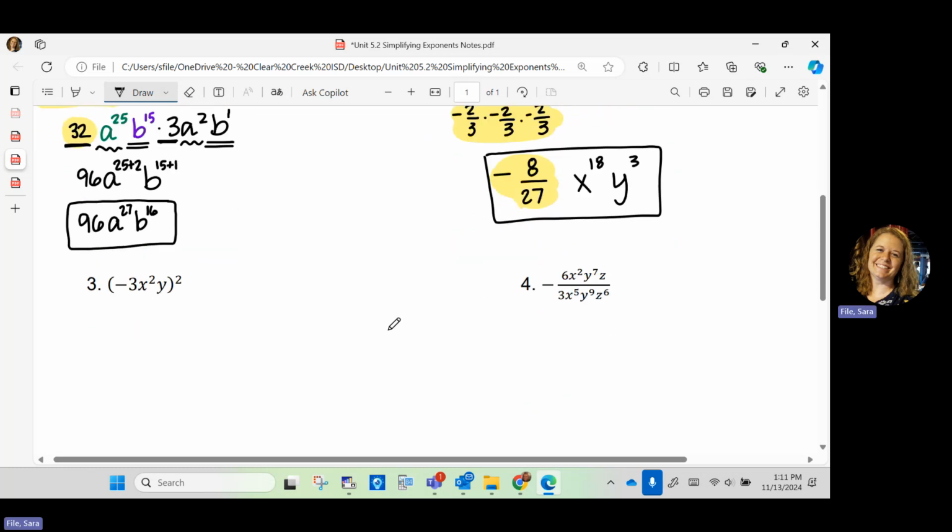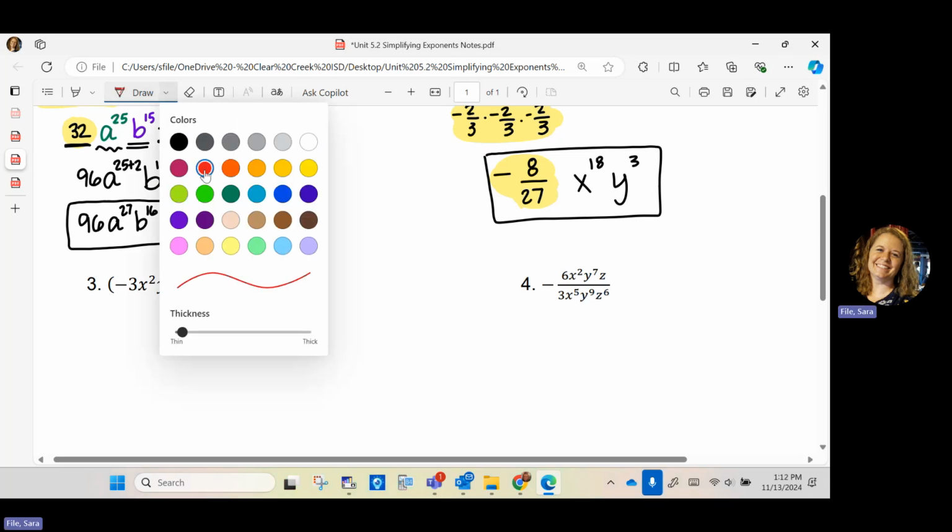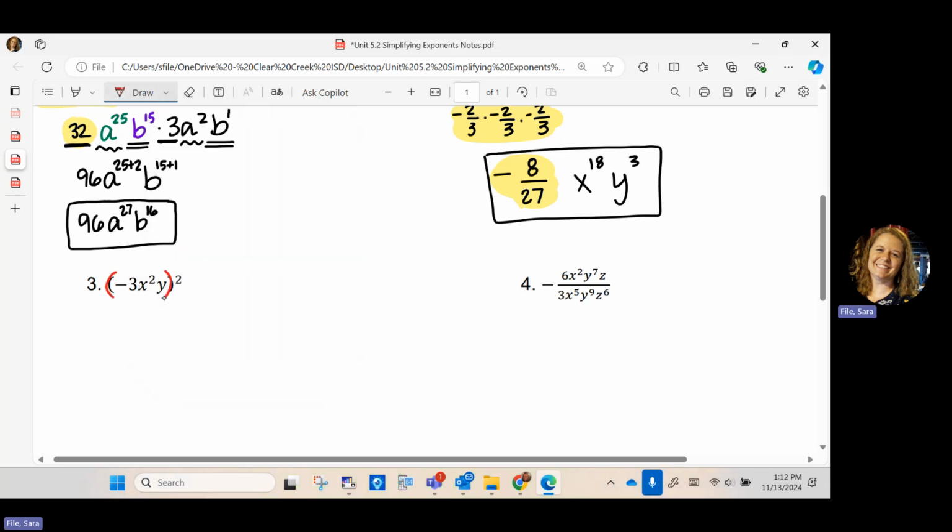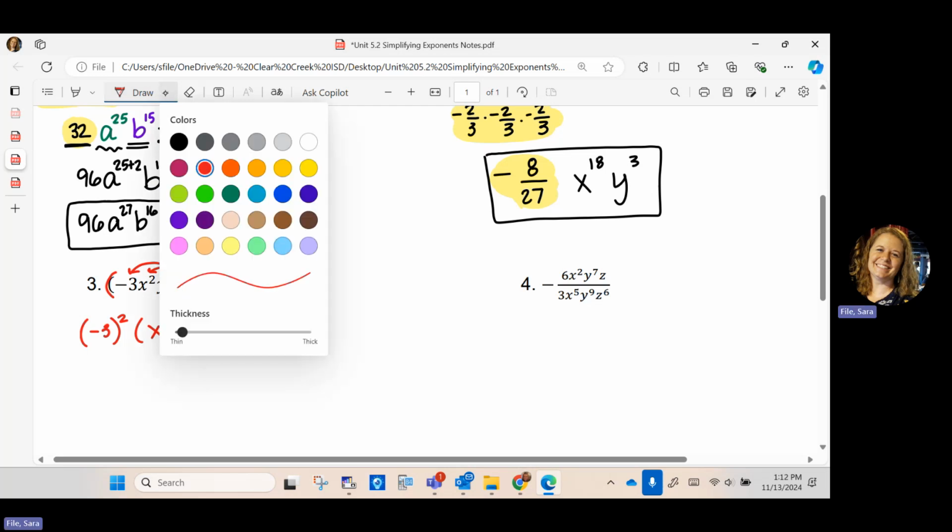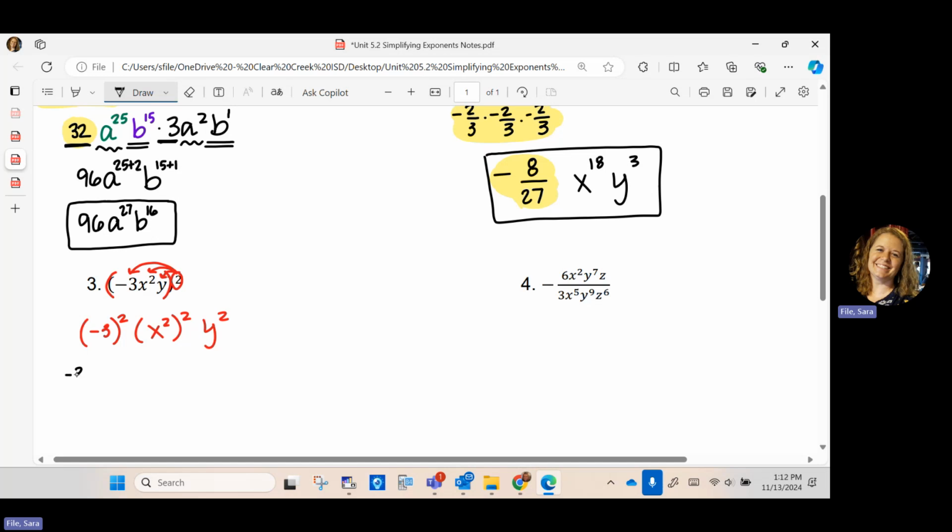All right, number 3. Again, we've got to distribute this outside power of 2 to the negative 3, the x squared, and the y. So -3 is squared, x squared is squared, and the y is squared. Now, squaring a -3 means -3 times -3.